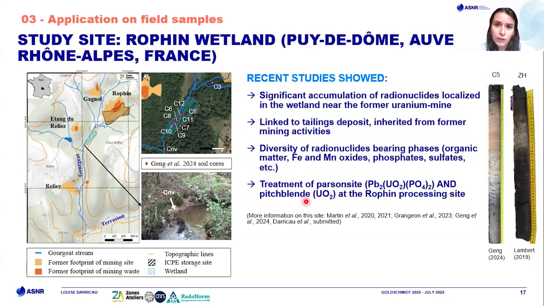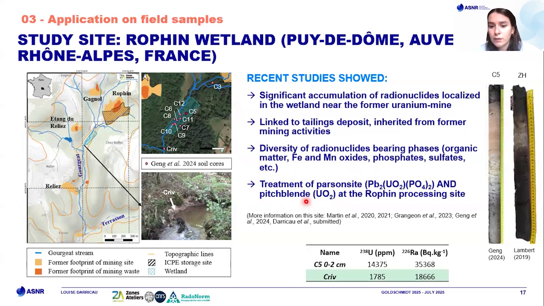So to study the bearing phases by NanoSIMS, we selected two samples. I'm going to show you results for two samples. The first one was the topsoil of this core, which is really enriched in uranium, as you can see here, and also in radium. So we were really hoping to see radium images by NanoSIMS.